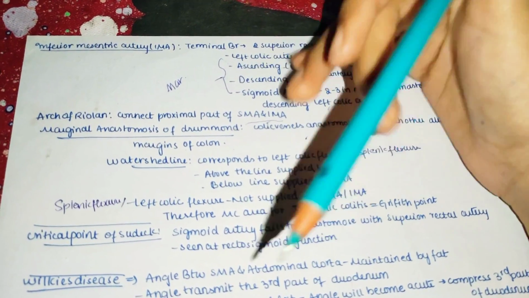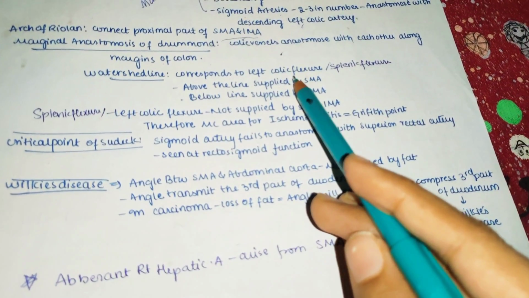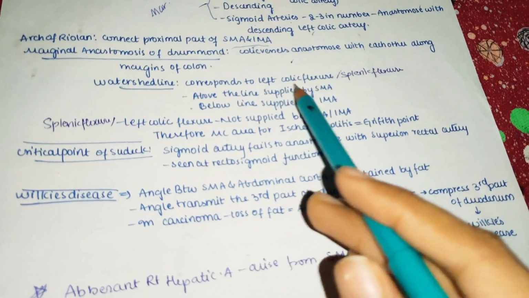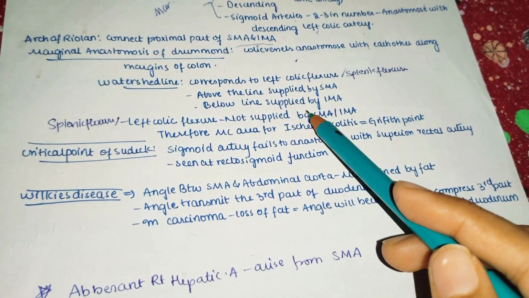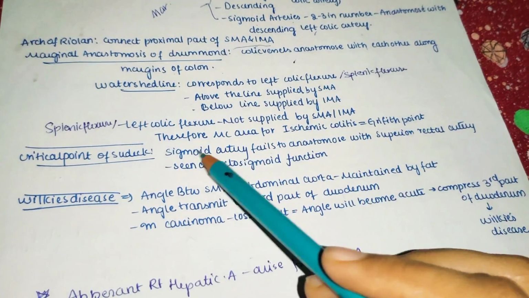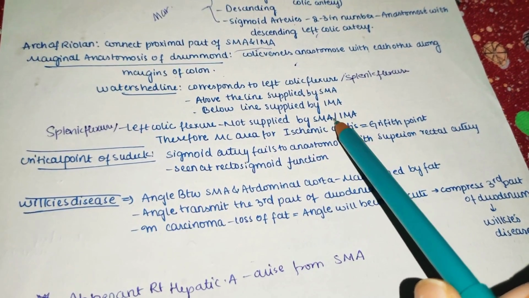This one. Now the watershed line. It corresponds to the left colic flexure or splenic flexure. Above the line it is supplied by the superior mesenteric artery. Below the line it is supplied by the inferior mesenteric artery. So the splenic flexure or left colic flexure is not well supplied by either.